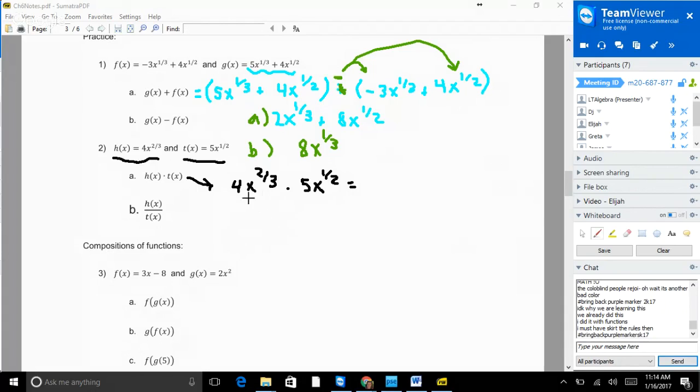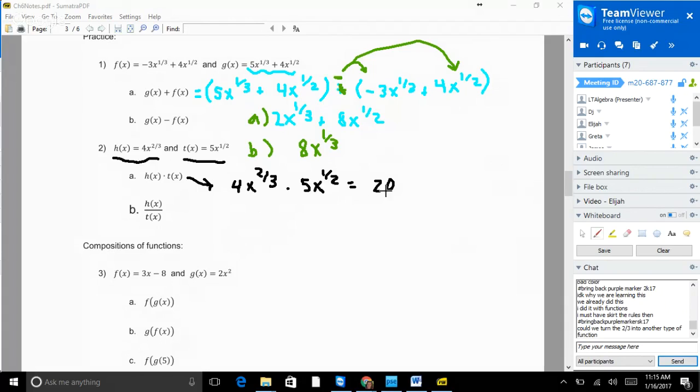We can definitely do 4 times 5, that's 20. Now we have x to the 2/3 power times x to the 1/2 power. When we are multiplying and they have the same base, they both have a base of x, then we add the exponents together. That is one of our rules, right?